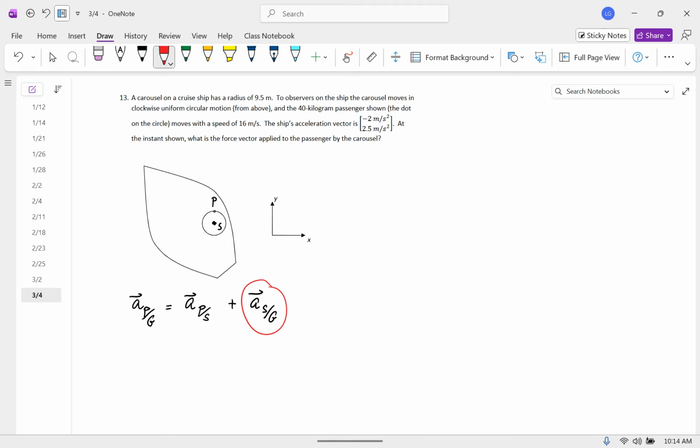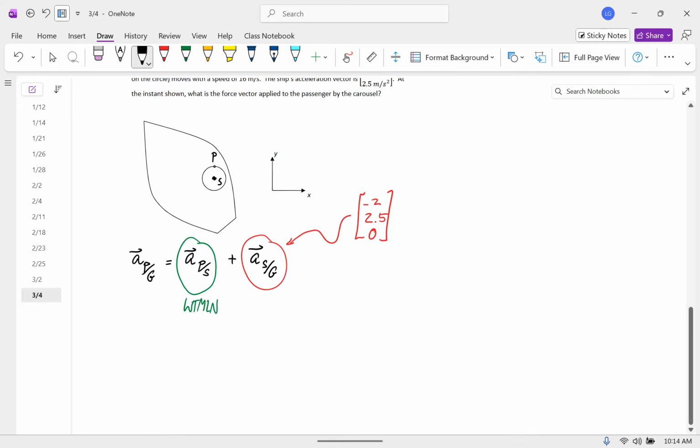And this one is -2, 2.5. Since we're using cross product and stuff, I'll just extend that to a three-dimensional thing. And this one is the watermelon equation. So the acceleration of the passenger relative to the ship is alpha cross r plus omega cross quantity omega cross r.